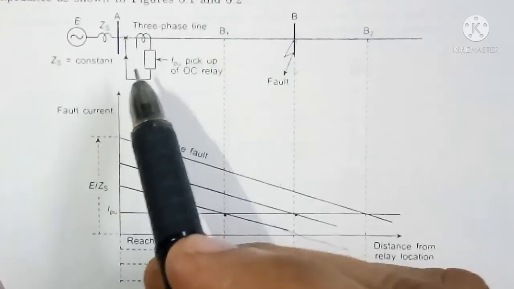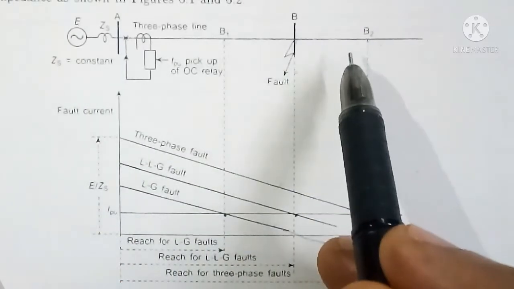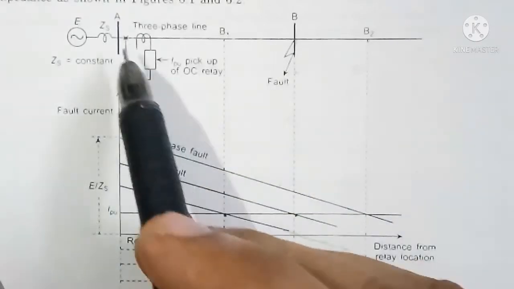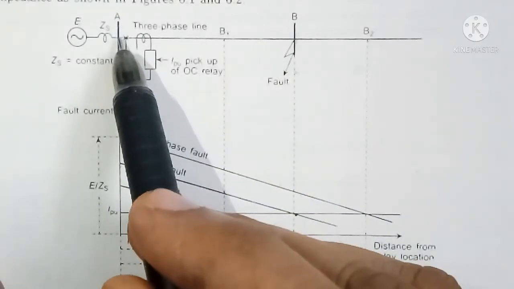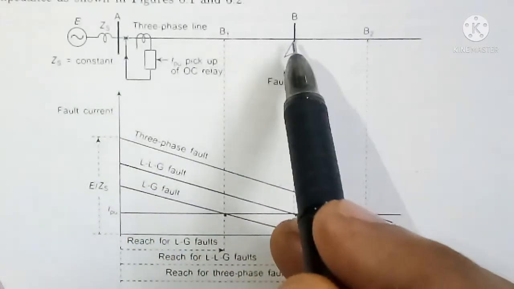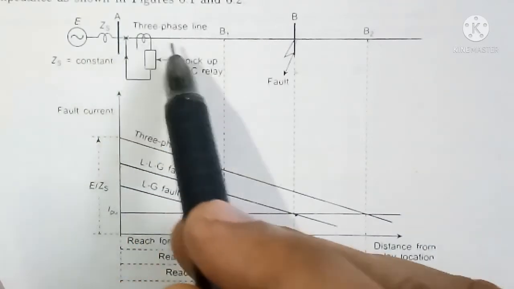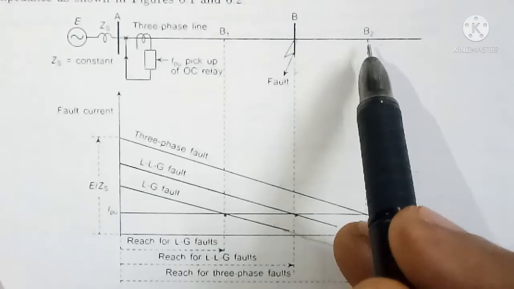We know that impedance of the transmission line is proportional to its length. If I start moving along AB from the source bus A, then impedance will go on increasing.